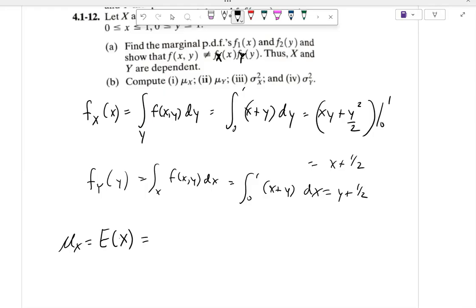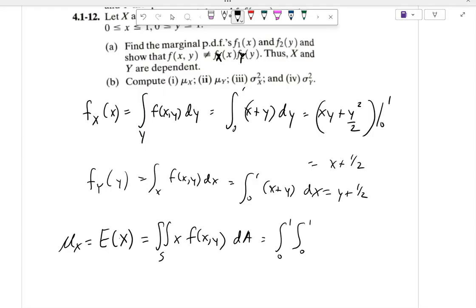Remember when we do expected values, you do the function times the PDF and then sum it up over your entire sample space, right? That's what we do, isn't it? Okay. So in this one, we will integrate over the entire sample space.